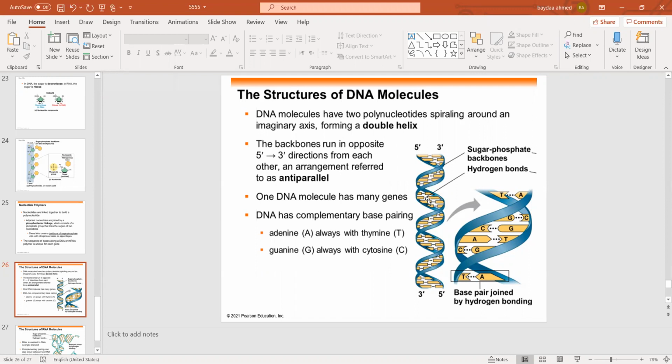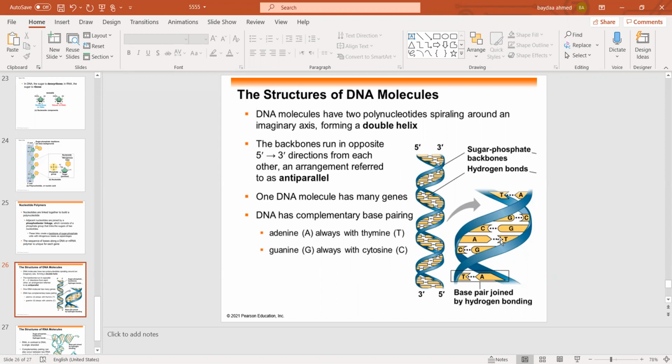The sugar-phosphate backbones are on the outside of the helix, and the nitrogenous bases are paired in the interior of the helix. The two strands are held together by hydrogen bonds between the paired bases. We have guanine, cytosine, thymine, adenine, guanine, cytosine.